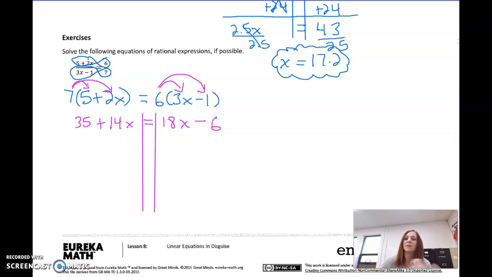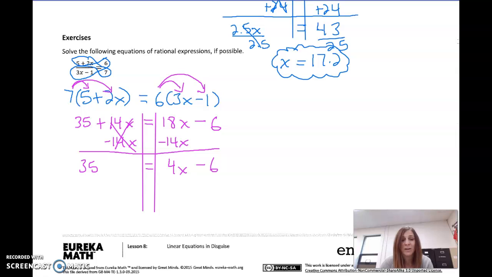Kind of see how you guys would keep adding a step on top, and we keep doing the same thing over and over again. All right, I'm going to get rid of the 14x's. It's smaller. Then I have to deal with positives. So I'm going to subtract 14x's from each side. That leaves me with 35 equals, if I have 18x's and I take away 14 of them, that's 4x's. Bring my minus 6, two-step equation.